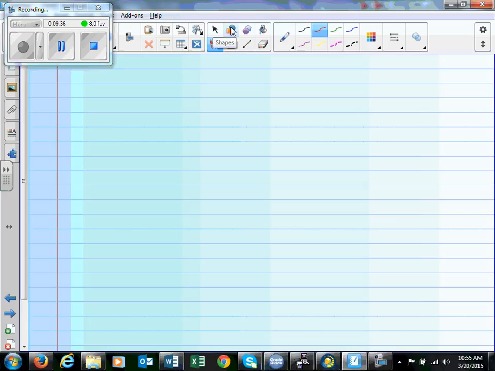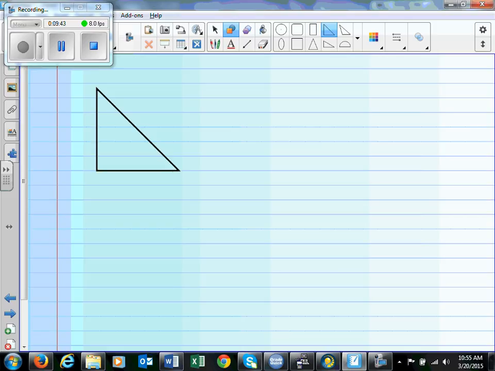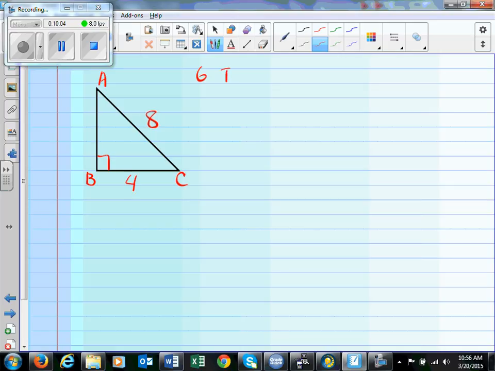So the next example is where we are finding the third side. Say you're given a triangle A, B, and C, where the hypotenuse is given to be 8 and one side is 4. We're asked to find the 6 trig ratios.